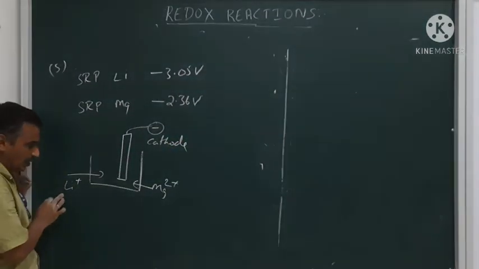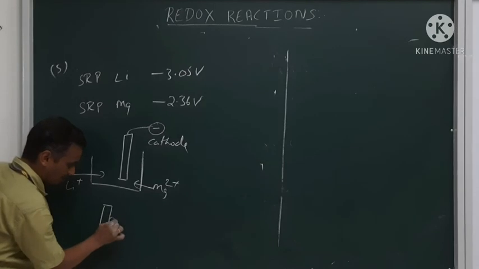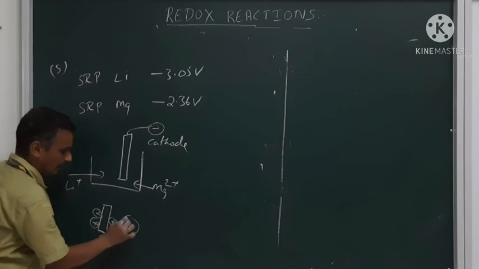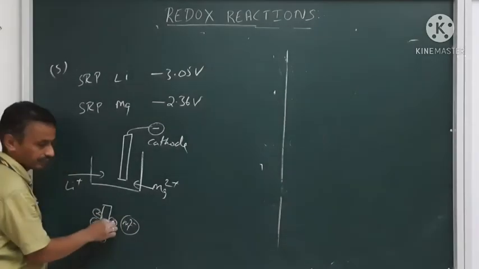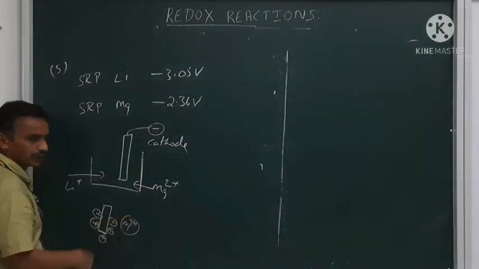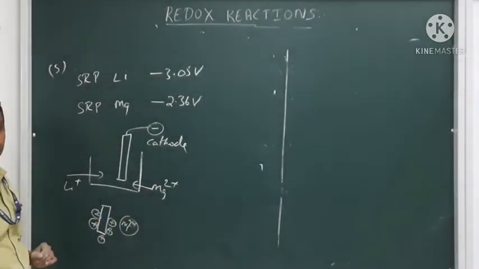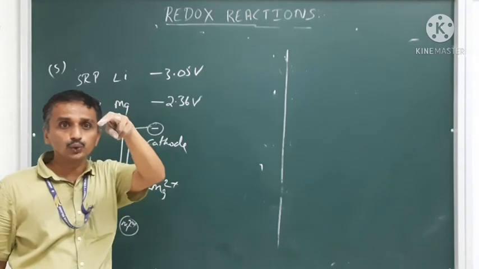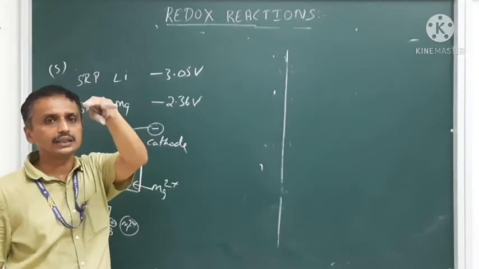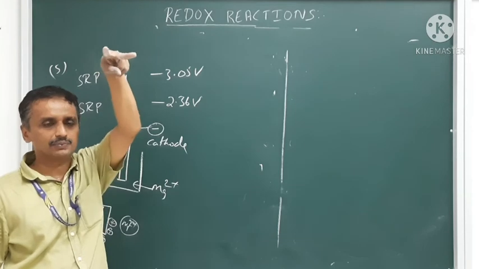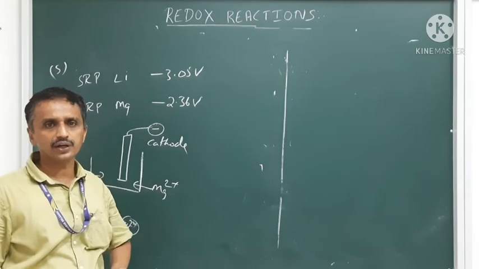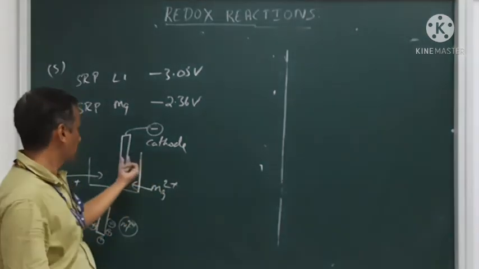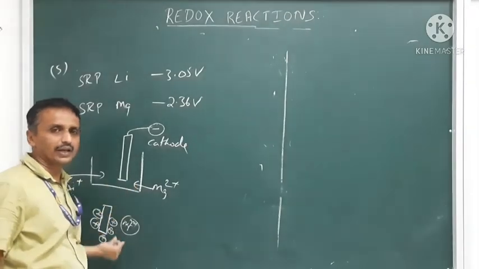But remember, if lithium is moving and attacking here, then Mg2 plus cannot attack because of positive repulsion. So which will move to the cathode can be predicted by this. When two cations are present, definitely the ion with the higher SRP value will attack the cathode, and the lower will remain in the solution.